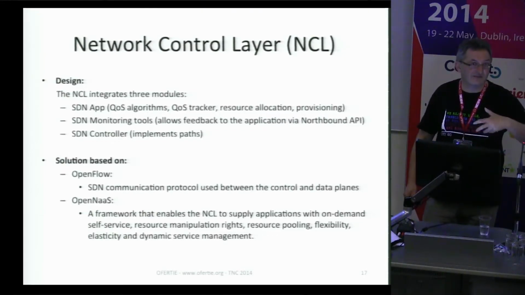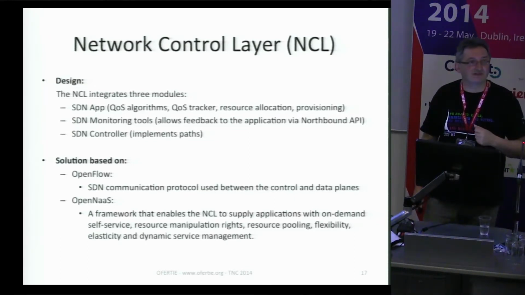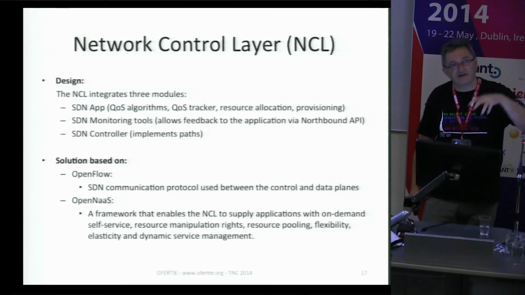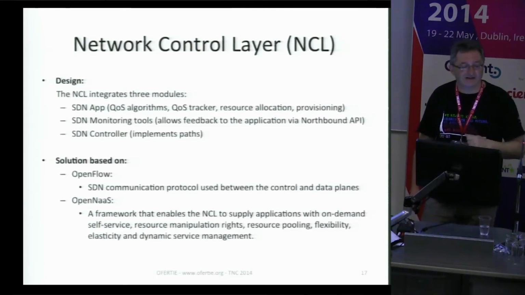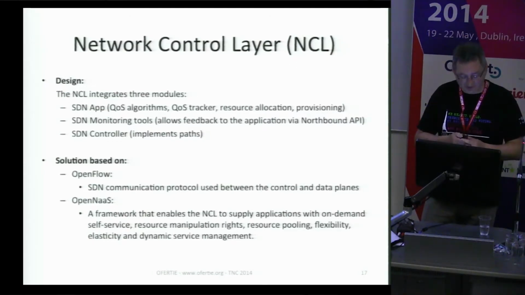If that is happening, we can indicate that back to the application, because the application can run a listener looking for any messages coming back from the SDN app indicating that the quality of service situation has changed and the application can no longer be granted the quality of service that it requires. The application can then choose how it's going to react to that.